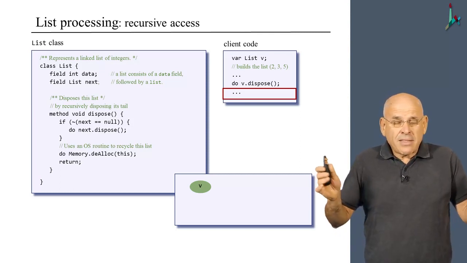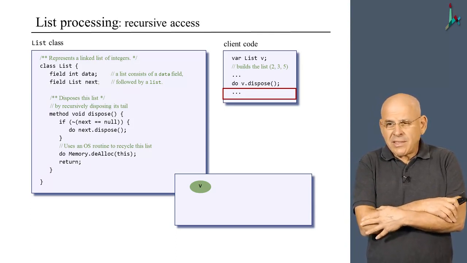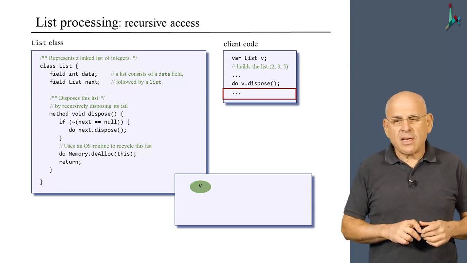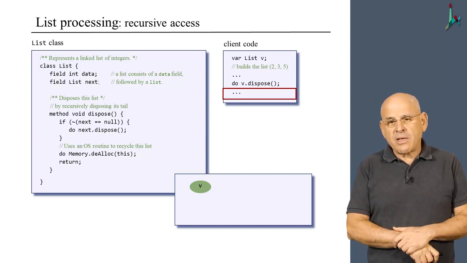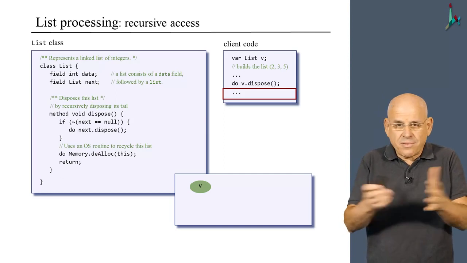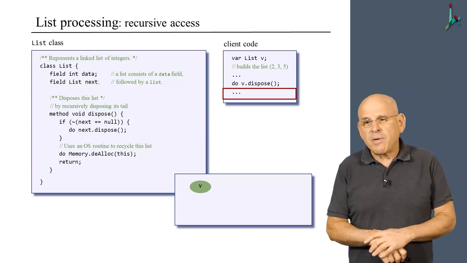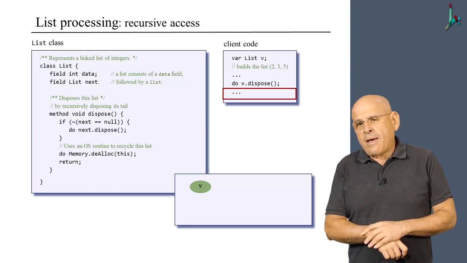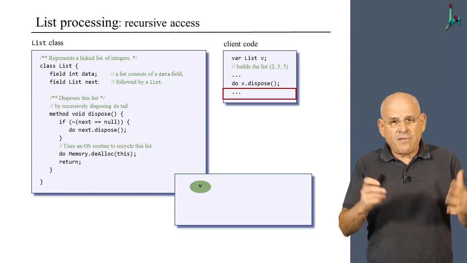This has been an example of recursive processing of lists. It is very natural to process lists using recursion, because the list is a recursive data structure in its own right. And here we have a very clean example of tail recursion, literally speaking. And yet, don't forget that recursion is a very inefficient operation.